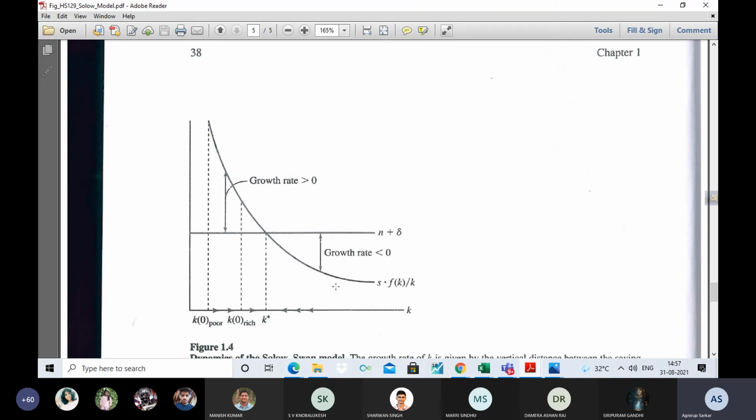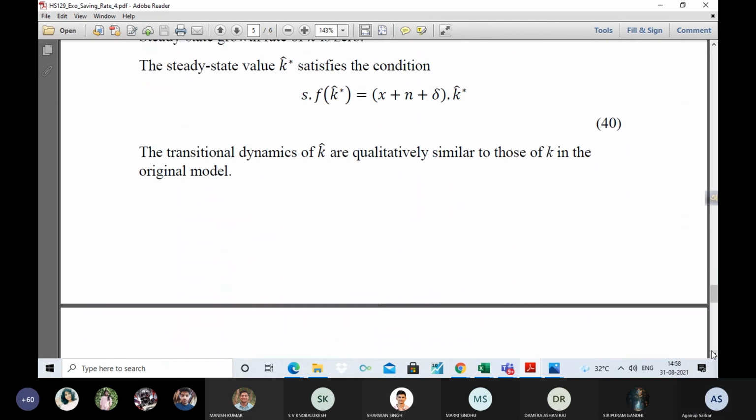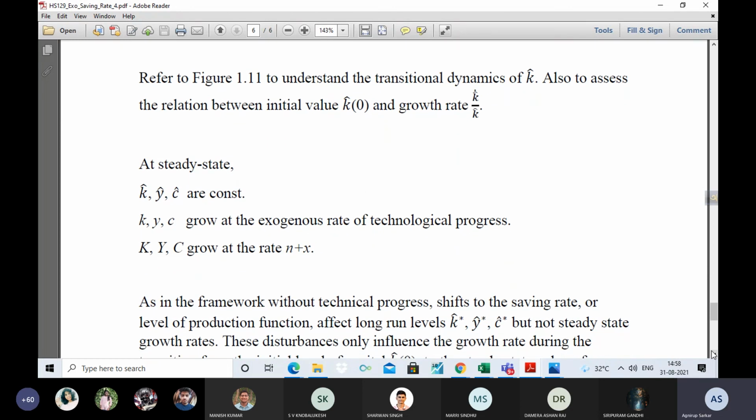The level variables, capital K, capital Y, capital C, actually grow accordingly in the steady state at the rate n plus x, that is, the sum of the population growth and the technological change.